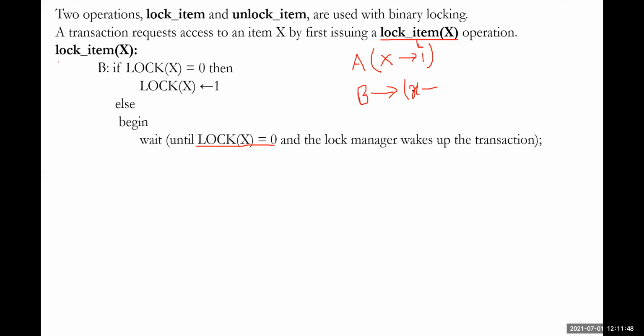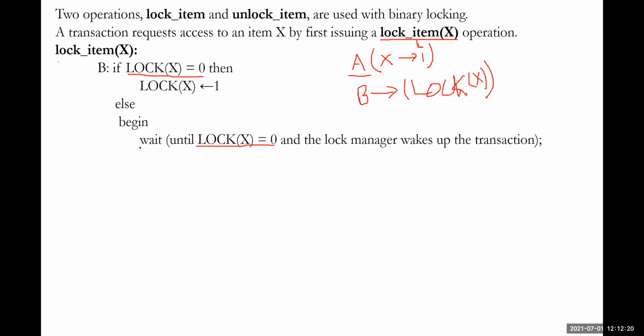If B operates lock on X, what would happen? The lock has already been allocated to transaction A, so this condition will fail and it goes to the else part.